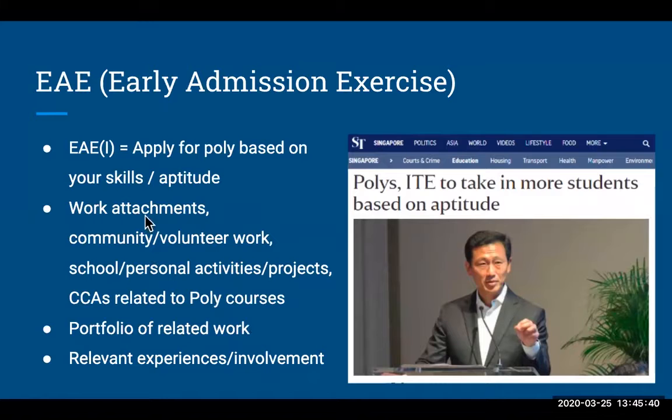What we mean by aptitude is that as long as the student has relevant work attachment experience, or has been doing community volunteer work, in school or outside school, in your own personal capacity, your church, your temple, your mosque projects, anything that is related to the course that you want to apply. And all these applications must be substantiated with what we call a portfolio of relevant work. So you need to have a portfolio in order to apply for this course using EAE.